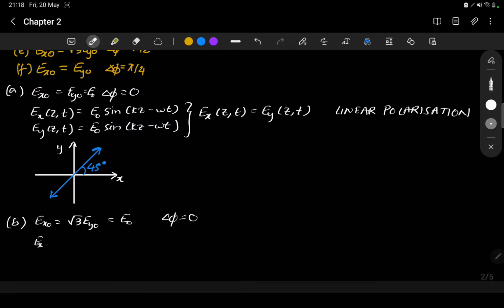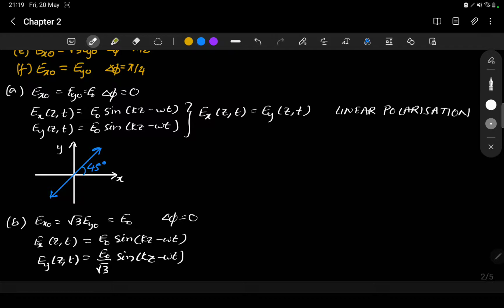The electric field along the x-axis is E0 sin(kz - omega t), and along y, Ey0 is nothing but E0 over root 3, times sin(kz - omega t).